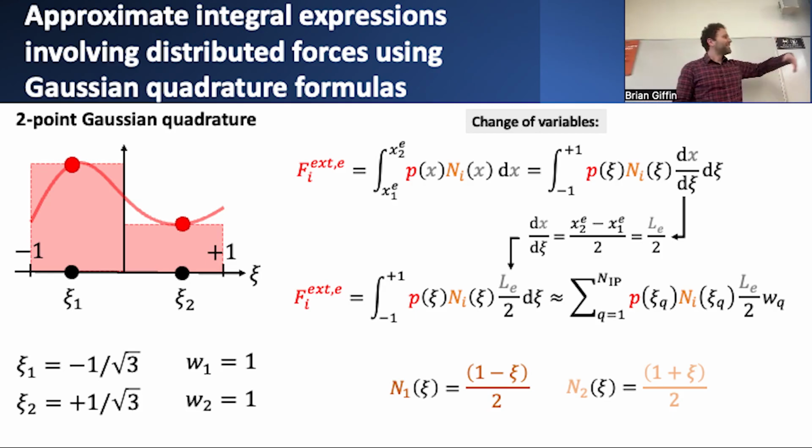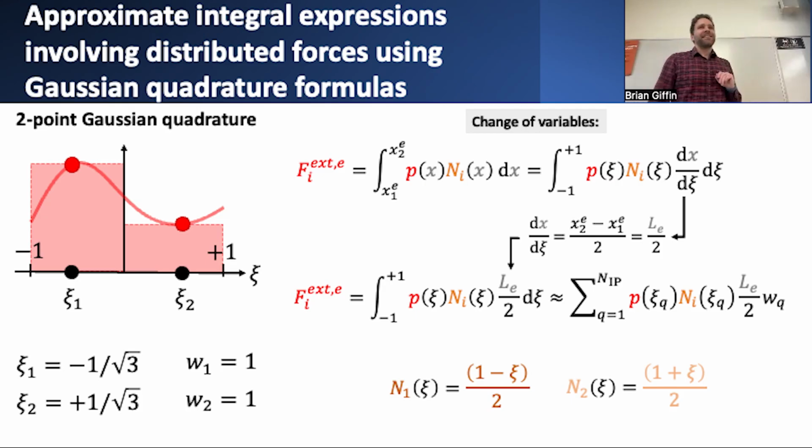We do that, we can apply our Gaussian quadrature formulas to approximate this integral through some weighted summation of discrete evaluations of the integrand, P and N multiplied together, but evaluated at these discrete quadrature point locations, xi1 or xi2 in the case of a 2-point Gaussian integration scheme.